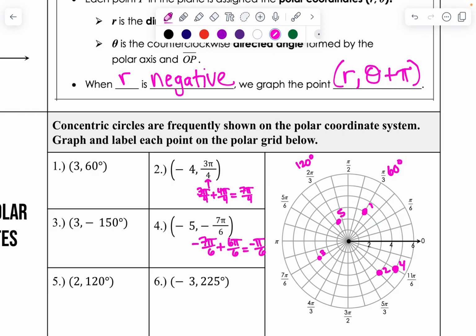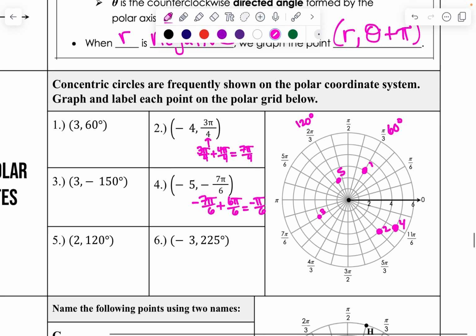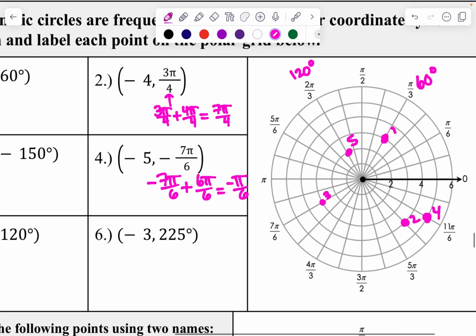Number 6 says (-3, 225). So 225 is 45 degrees away from pi. So right here is 225 degrees. But because it's -3, we go out here. So it's actually going to be right here.